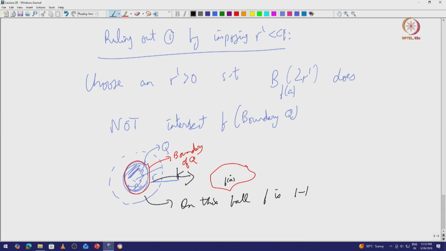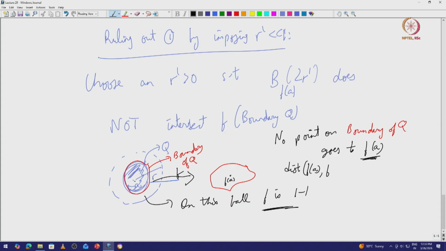Which means since a is already going to f of a, no point on the boundary of Q goes to f of a, because a is already going to f of a and f is 1 to 1, which means the distance of f of a to f of the boundary of Q is strictly positive.